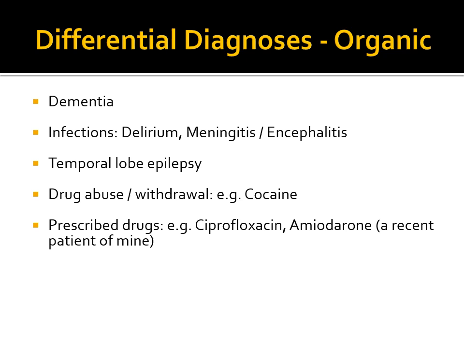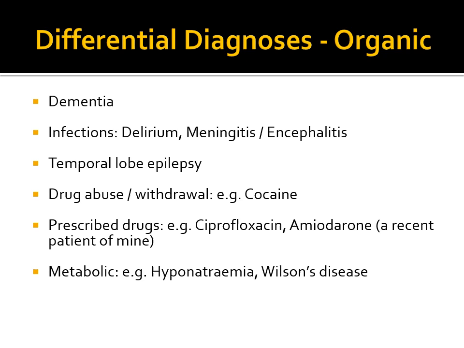I recently had a patient who developed catatonic depression after being started on amiodarone. Metabolic causes include hyponatremia and Wilson's disease, which is a disorder of copper metabolism. Autoimmune disorders such as systemic lupus erythematosus.